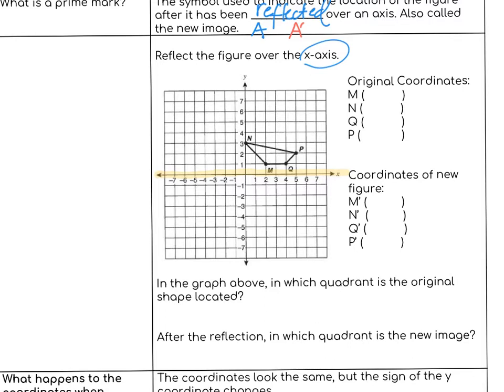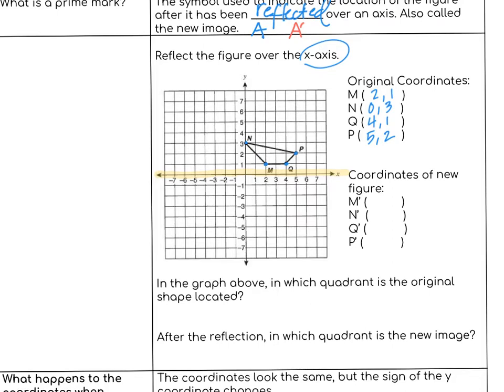But first, before we do that, let's write our coordinates of the original figure. So our M is at 2, 1. Our N is at 0, 3. Our Q is at 4, 1. And our P is at 5, 2.